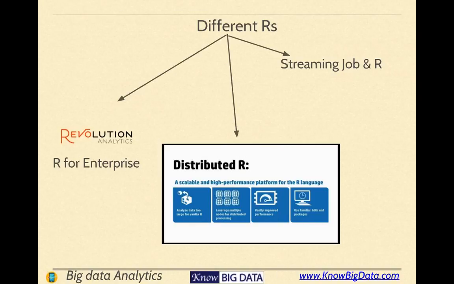And R provides you great tools for modeling, analysis, clustering, classification, and general statistics. So R provides you all kinds of big libraries to do these kinds of work. R is also object oriented.